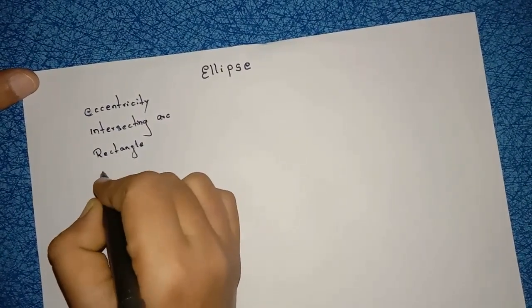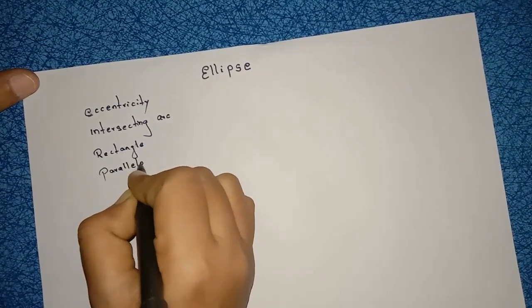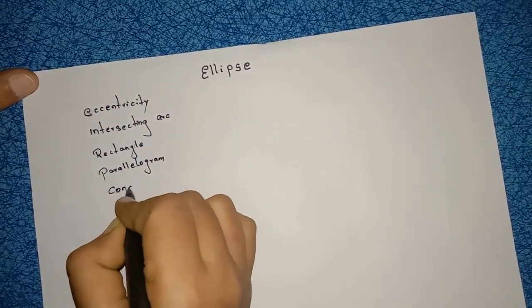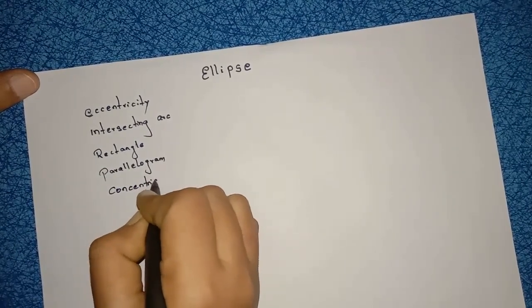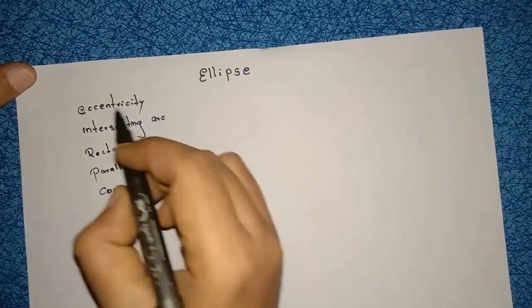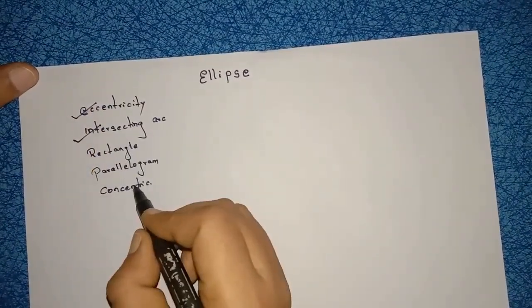The fourth one is the parallelogram method. And the fifth one is the concentric circle method. In today's video we are going to see the eccentricity method and the intersecting arc method.